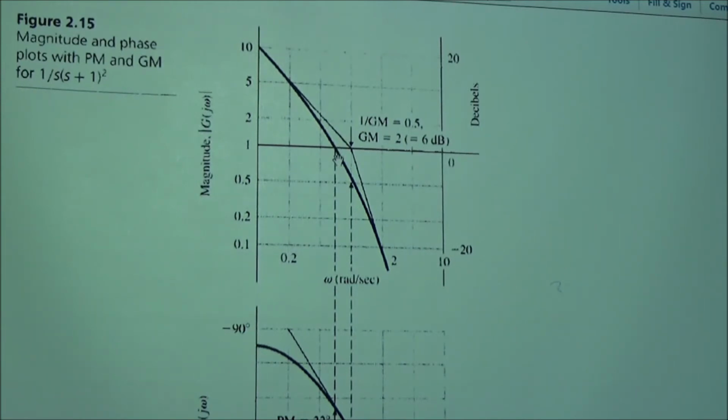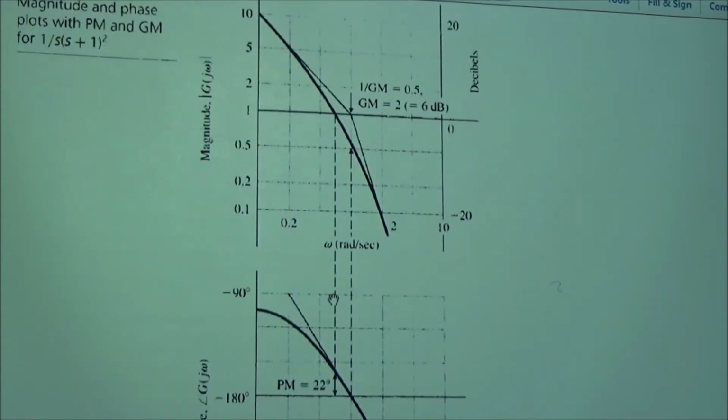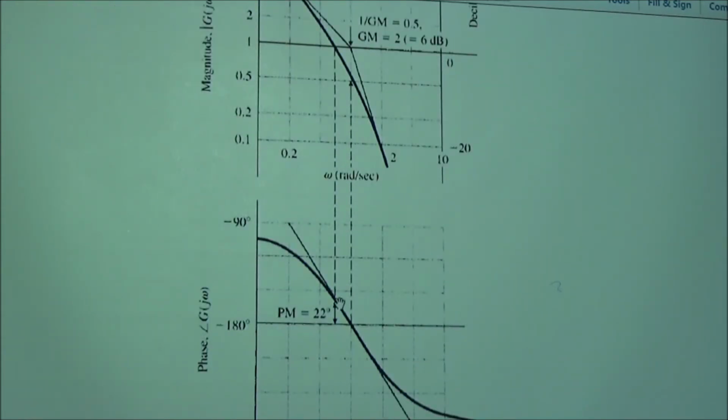So you come down with the 0 dB point, keep that frequency intact, then you can come here and say you're going to hit it here, and from here to here you have 22 degrees left before you run out of phase here. This phase right here is 0. Here is 22 degrees. So the system is stable. 22 is a positive number, and you have a phase margin of positive 22.